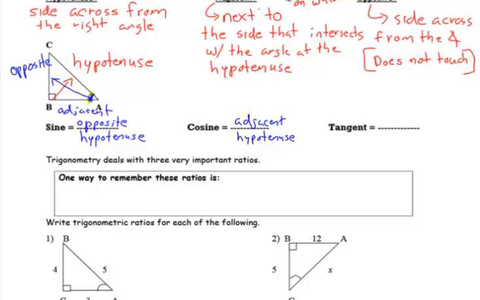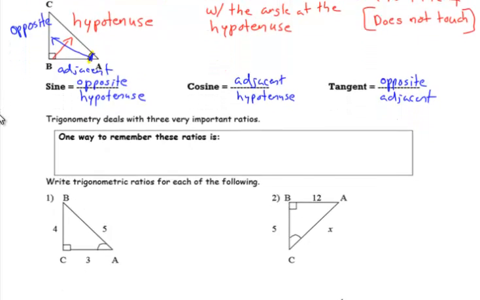And the tangent is the opposite over the adjacent. So sine is opposite over hypotenuse, cosine is adjacent over hypotenuse, and tangent is opposite over adjacent.